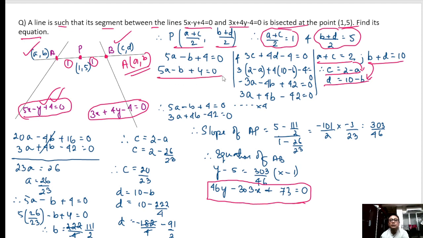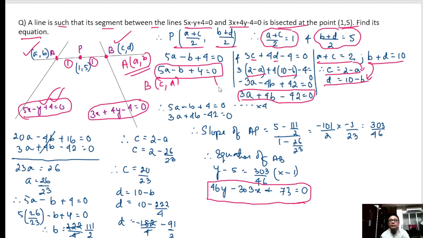So this is the equation we got. Similarly, the coordinate B, which is c comma d, lies on the second equation. So instead of x I can put c and instead of y I can put d. And in place of c I put this, in place of d I put 10 minus b. Solving it, we get this equation.